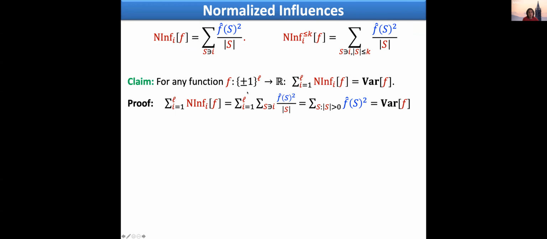The reason the equality in the center is true is we are overcounting each f hat of s squared term exactly the size of s many times. And so this 1 over size of s times size of s cancels out very nicely, and you just get the variance of f.